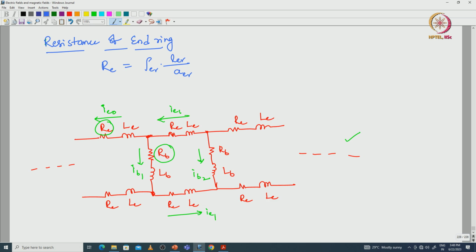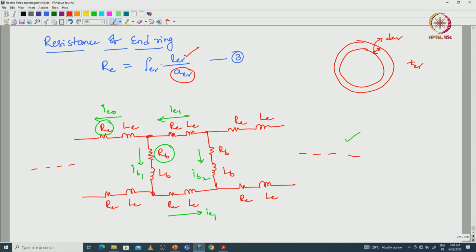In the previous lectures we have calculated the cross sectional area of the end ring, and the length of the end ring we can calculate by taking the mean length. Let us consider this is the end ring. The depth will be dE and the thickness will be TER.